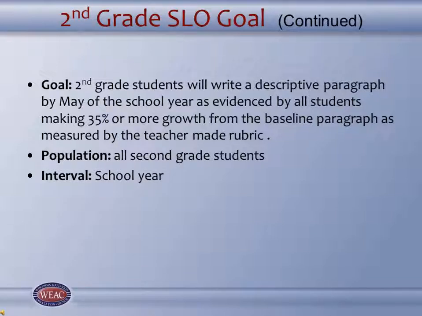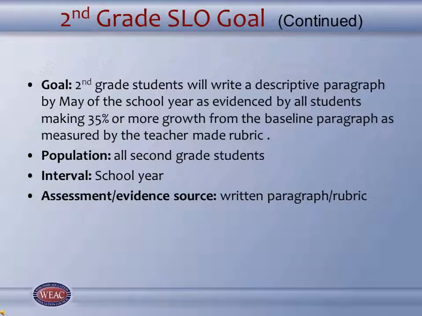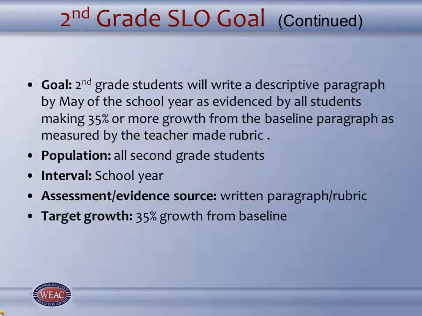Determining whether the SLO goal was met will be based on the evidence produced by re-administering the writing task and assessing the student's work with the very same rubric. The second grade team is setting the target that all students will show 35% growth in their ability to write descriptive paragraphs.